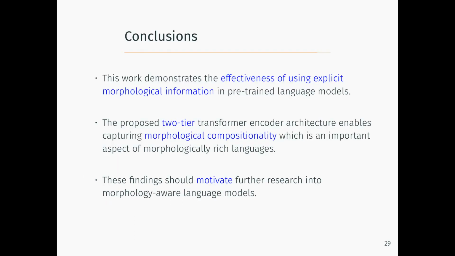So to conclude, this work has demonstrated the effectiveness of explicitly using morphological information in pre-trained language models. The proposed two-tier transformer encoder architecture enables capturing morphological compositionality, which is an important aspect of morphologically rich languages. These findings should motivate further research into morphology-aware pre-trained language models.